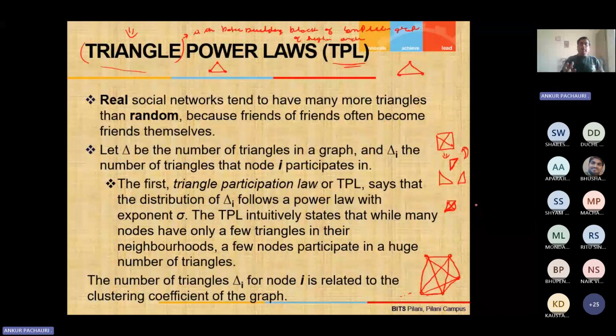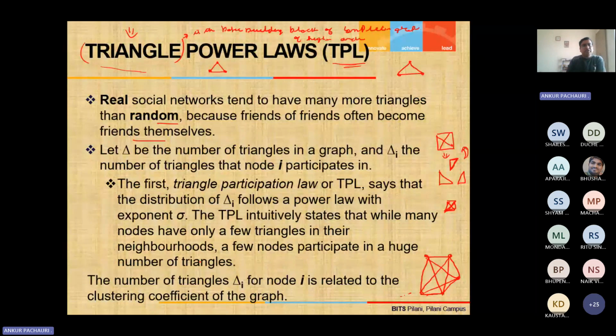If there are more triangles, then the graph will be almost complete, or the connectivity will be very dense. They can also be used in recommendation, because friends of friends often become friends themselves, by increasing the neighborhood connectivity. For that, triangles are important.